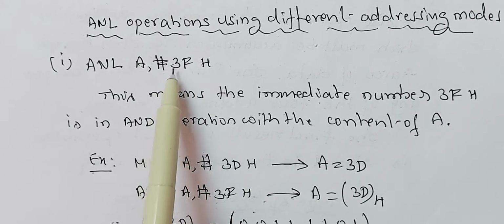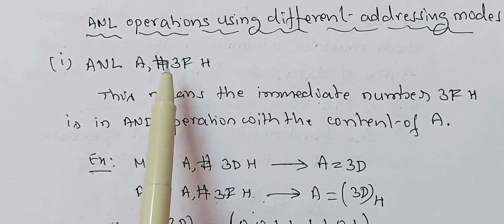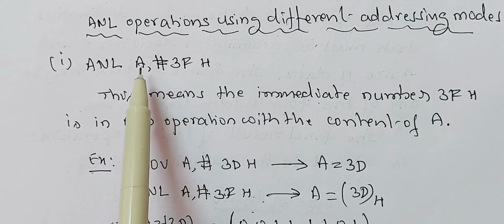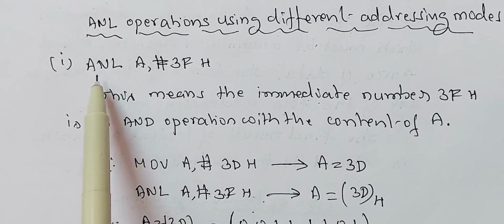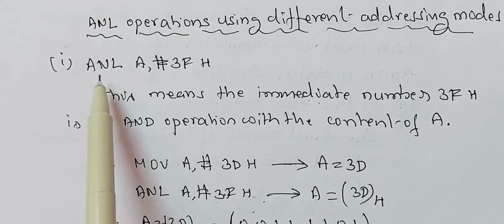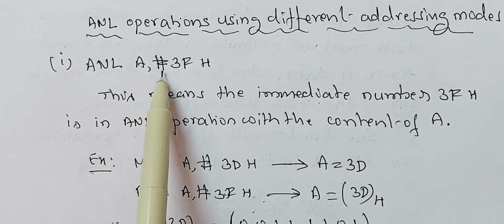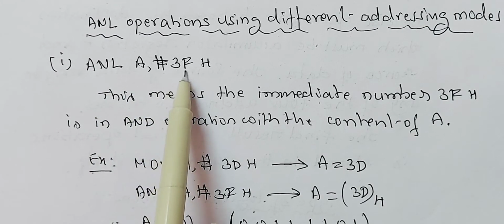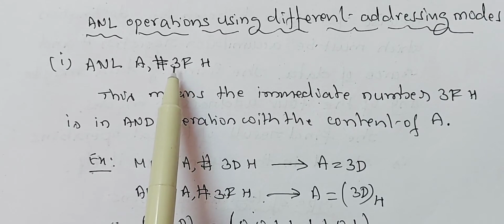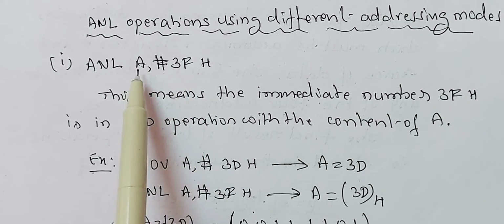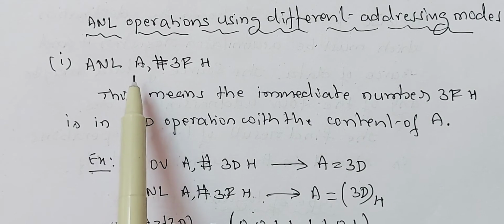Therefore, the number 3F is in operation with the content present in A. Which operation? AND operation. ANL A, #3F means the data 3F is in AND operation with the content present in A, and the result is stored in A only.